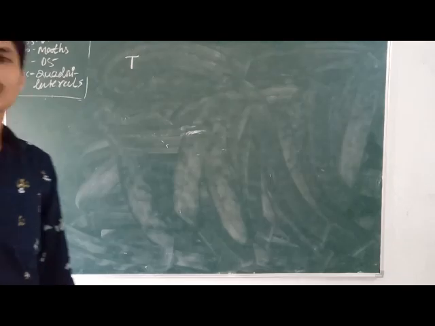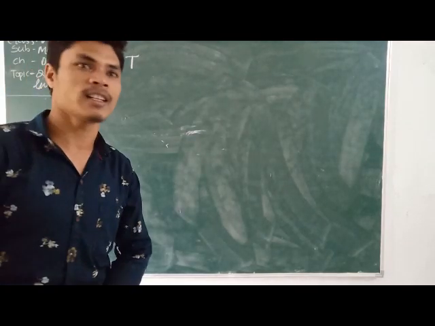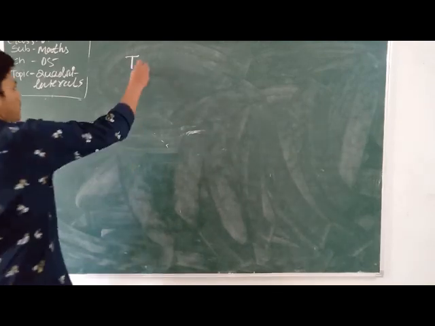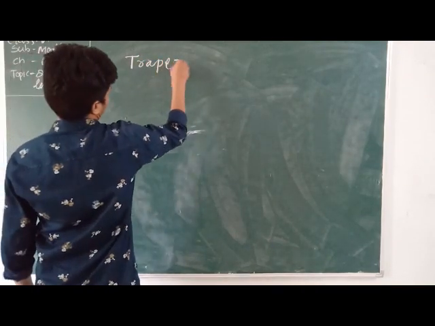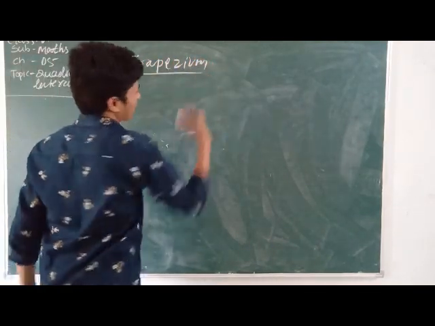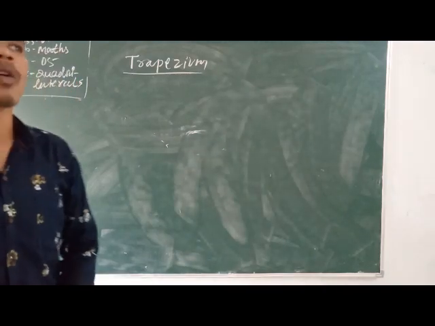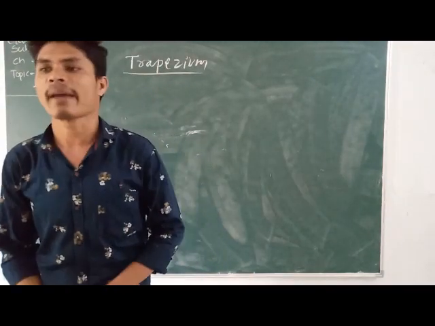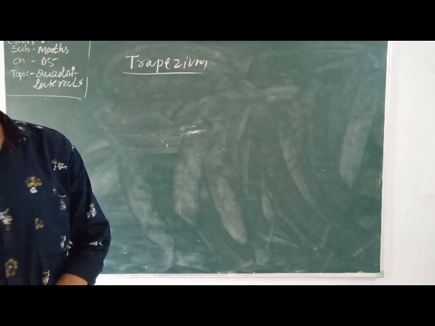Now we discuss another quadrilateral, that is the trapezium. Already you know the trapezium. Trapezium means what? A quadrilateral having one pair of sides parallel. Okay, one pair of sides are parallel.